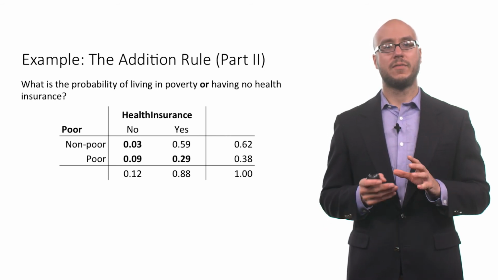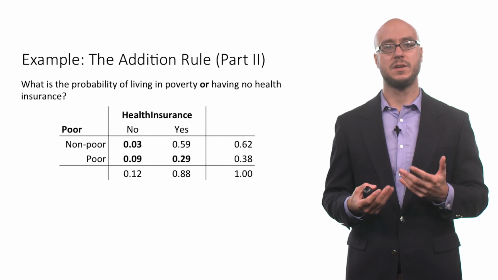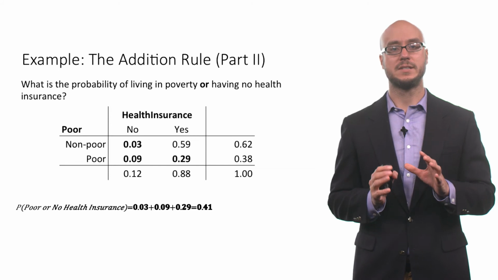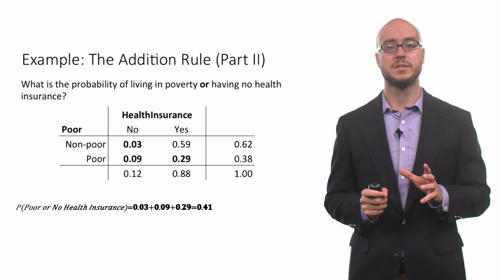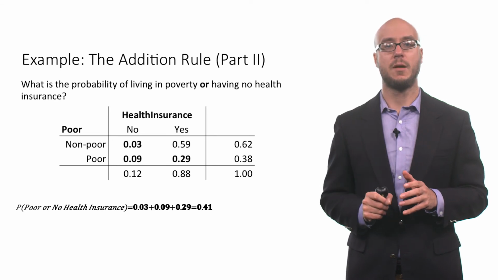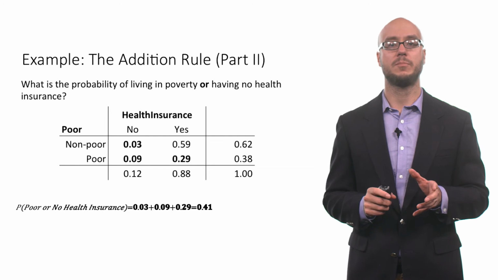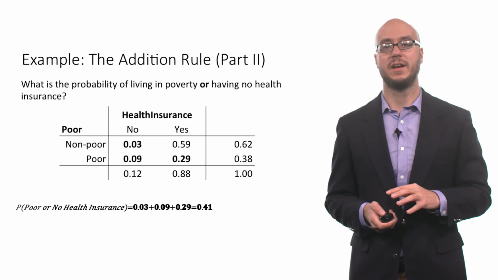A different way of expressing this calculation is in terms of the alternative formulation of the addition rule. We can say the probability of being poor or having no health insurance is that joint probability, plus the probability of being non-poor and not having health insurance, and the probability of being poor and having health insurance.